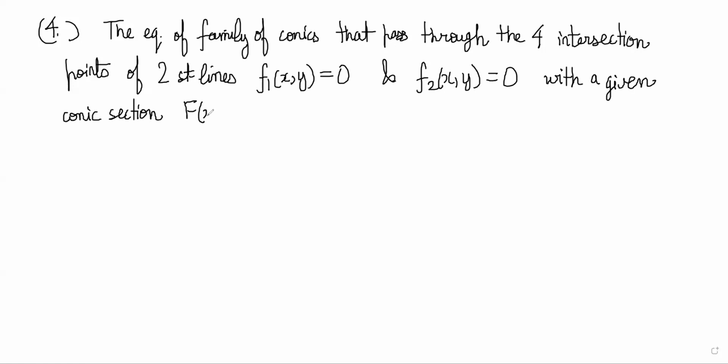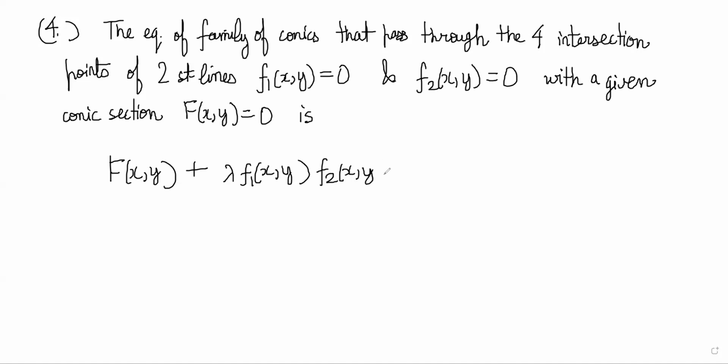Capital F(x,y) equal to 0 is given by f(x,y) plus lambda times f1(x,y) multiplied by f2(x,y) equal to 0. So what is this? This is like saying that we have a given conic section, let's say a circle, f(x,y) equal to 0.